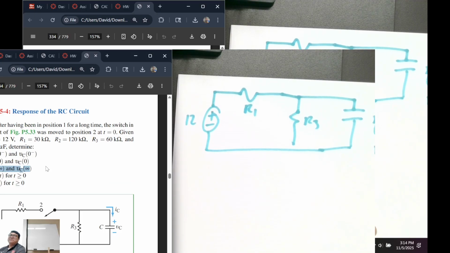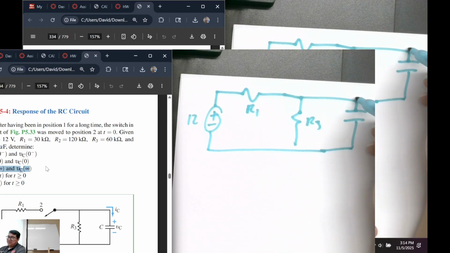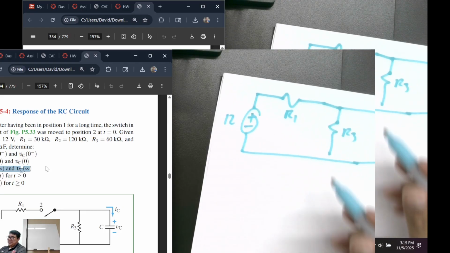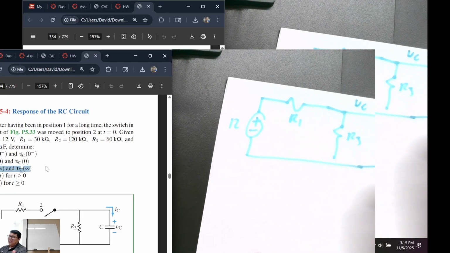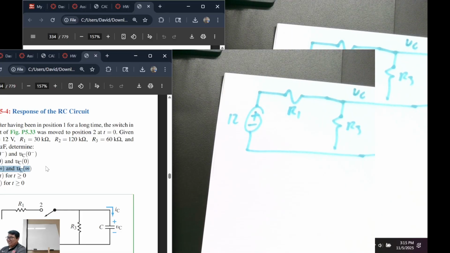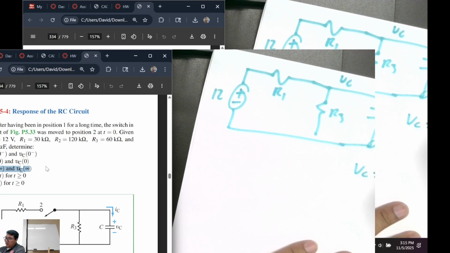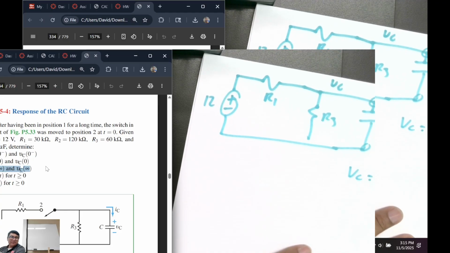What about the voltage after infinity time? We just said this was an open, right? Voltage divider, right? VC is equal to 12 volts times R3, which is 60K, over 60K plus 30K.